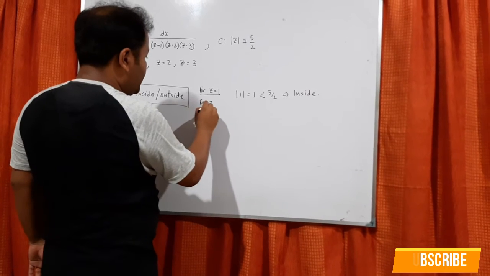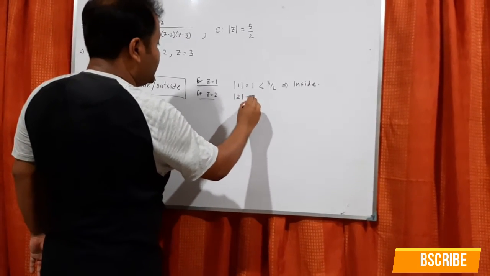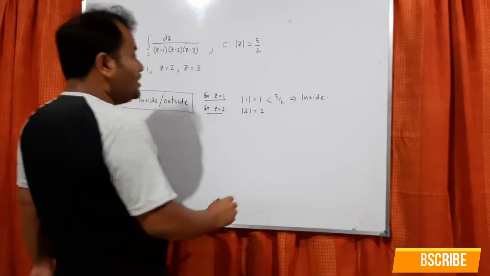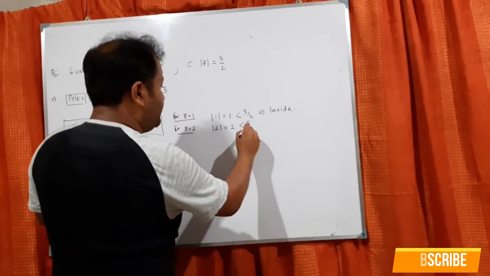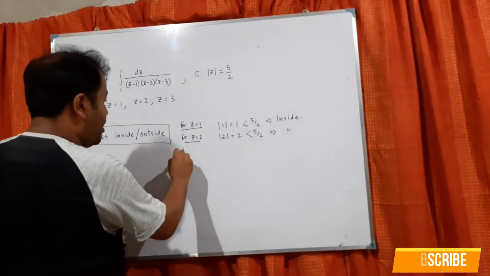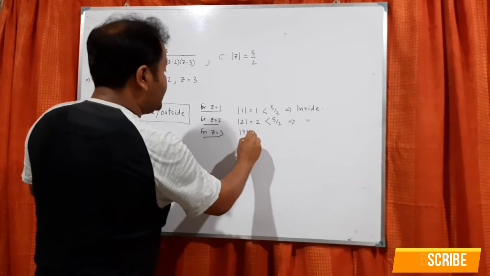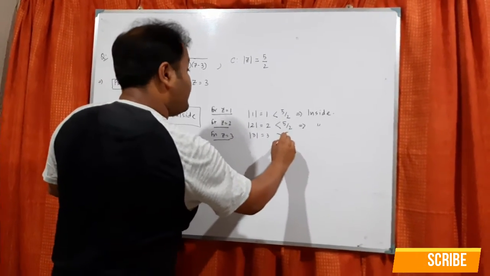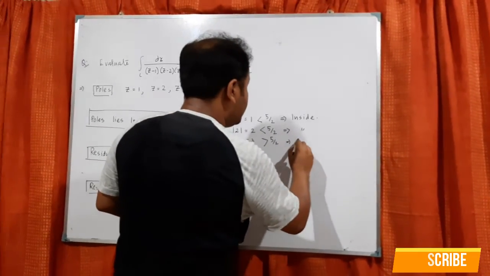For z equals 2, it will be modulus of 2, that will be 2. Now 5 by 2 means 2.5, so it is less than 5 by 2. So this also lies inside. For z equals 3, modulus of 3 is 3. This is greater than 5 by 2. So this is outside.